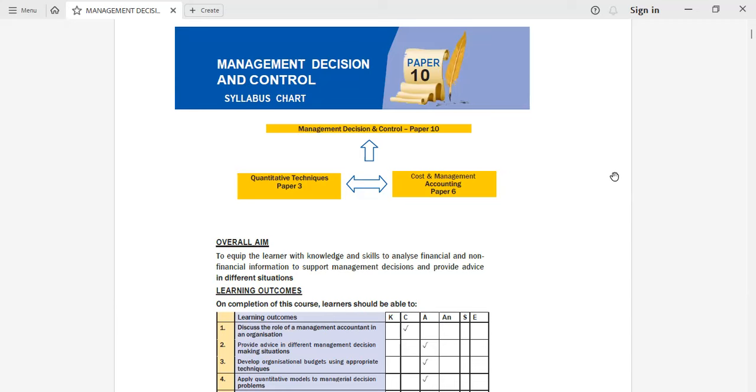So as we said, this paper 10 is just built from the level 1 notes and the knowledge in QT, that is quantitative techniques, and cost and management accounting. But as we said, most of the students are exempted for cost and management accounting.